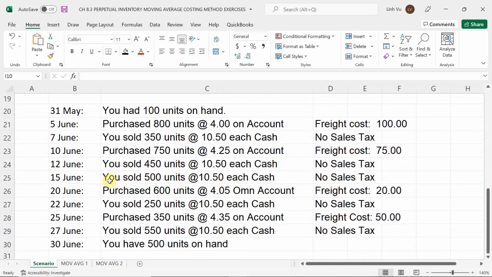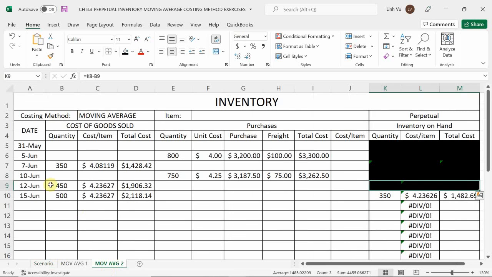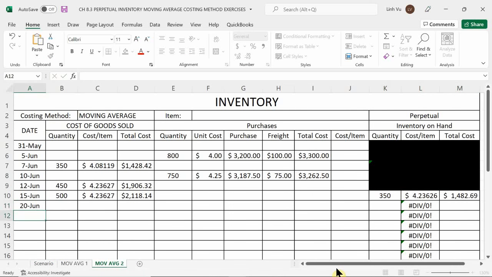All right. So then on June 20th, I end up purchasing 600 units at 4.05 with a freight of 20. What is my purchase price here? $2,430 and total cost $2,450. Right, good. Because I made a purchase, I need to add it to my inventory.